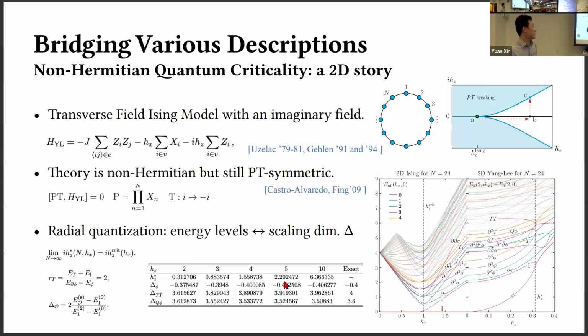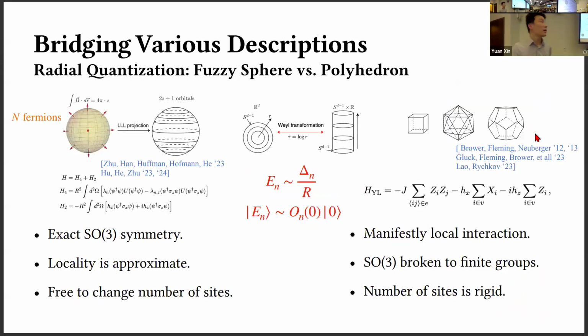And we see that they all get close to the exact number. It seems that the theory particularly likes large hx, meaning deeper in the paramagnetic phase. This is a practical lesson that helps the convergence. But in all of these hx, we're supposed to get a critical point hc where the theory flows to Yang-Lee.